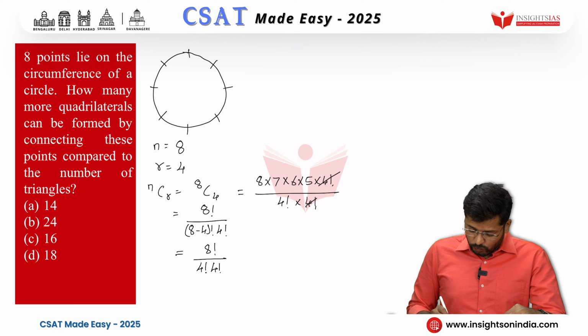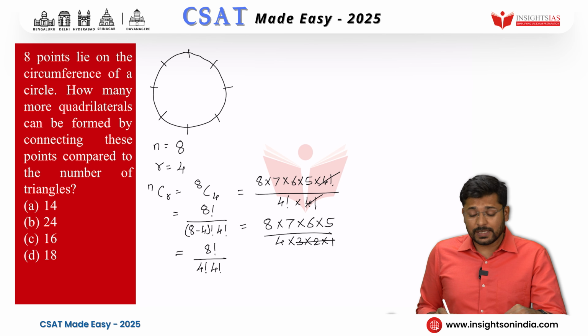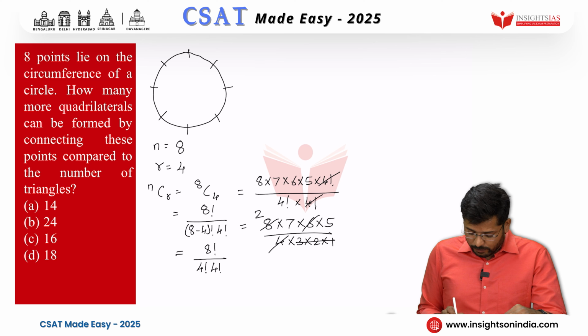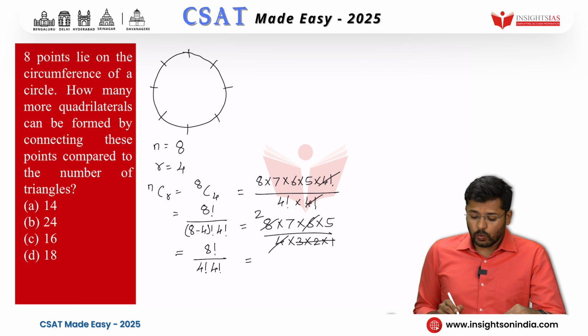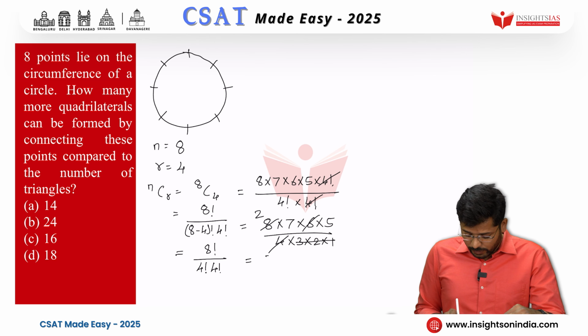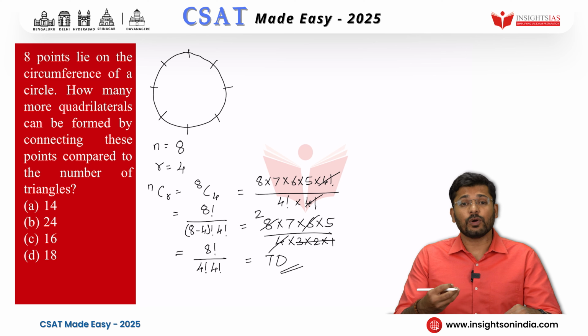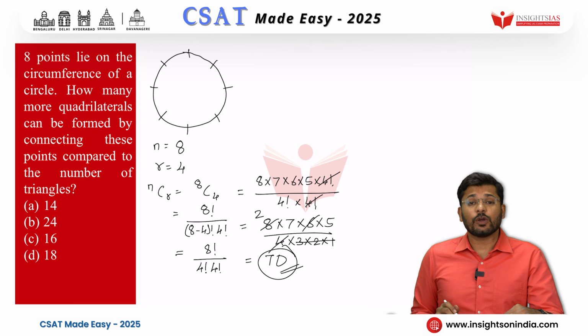We can cancel out 4 factorial and 4 factorial. Now we are left with 8 into 7 into 6 into 5 divided by 4 into 3 into 2 into 1. 3 into 2, that would be 6. So we can cancel 6. Then 4 will divide 8. 4 twos are 8. So you have 2 into 7 into 5. 2 into 7 is 14 and 14 into 5, that would be 70. So how many quadrilaterals can you form using these 8 points? You can form 70 quadrilaterals.